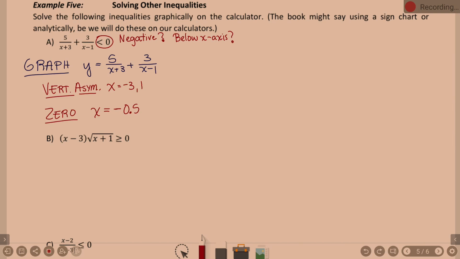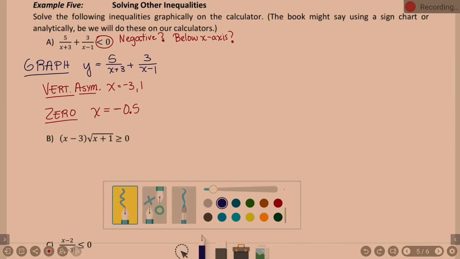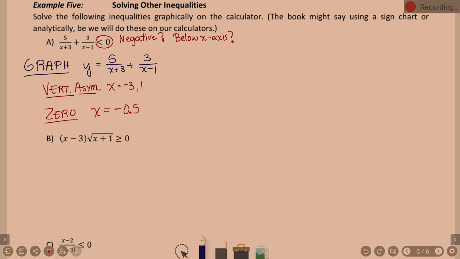Now, I am going to sketch my graph. Do you have to sketch the graph on the homework? No. I'm doing this just to put something in our notes. I said there's a vertical asymptote at negative 3 and at 1. We said that there's a 0 at negative 5/10, or negative 1/2.